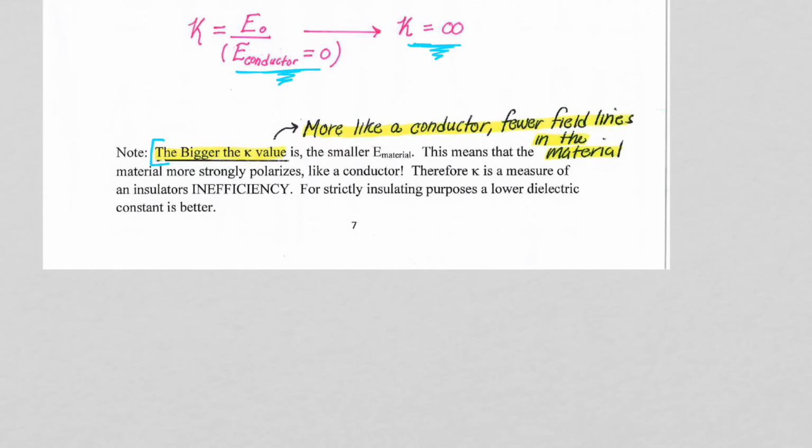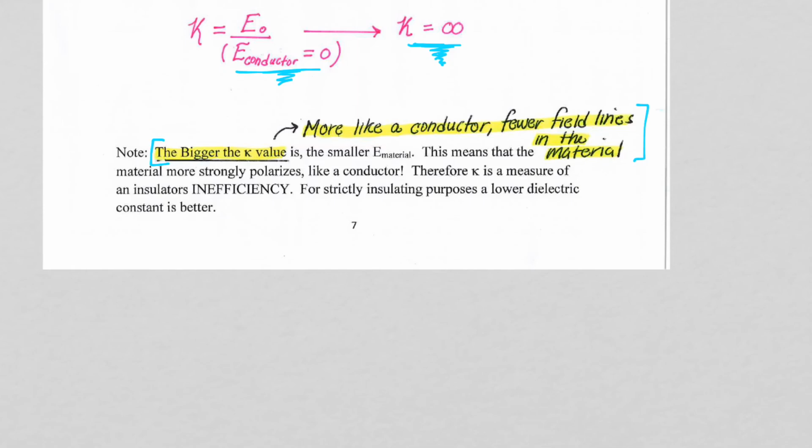The bigger the kappa value, you're working your way up to infinity for a conductor, but the bigger the kappa value, the more like a conductor, the more polarization you get, the fewer field lines in the material. Now, if we think about it, this means that the material more strongly polarizes, like a conductor, the bigger the kappa value.